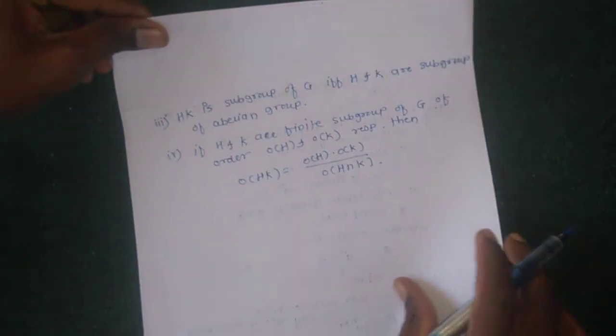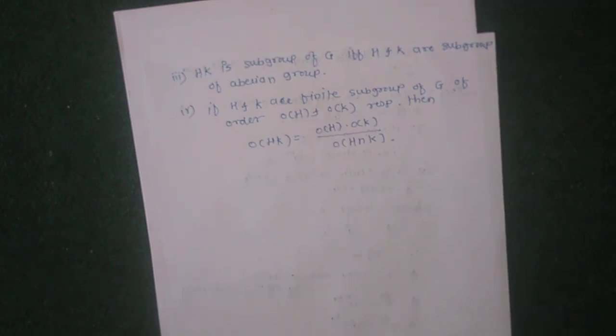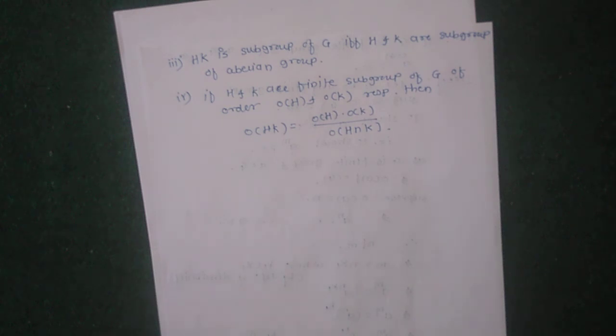So if H and K are finite subgroups of G, then the order of HK equal to the order of H into the order of K divided by the order of H intersection K.